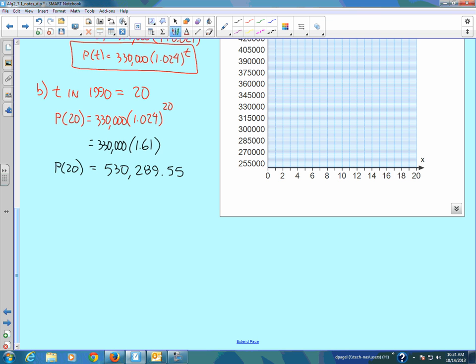Well, we're not going to talk about fractions of people, so we're just going to round it. We're even probably being generous in saying that it's equal to 289. But let's say there are 530,290 people, or maybe we would even round it to the nearest 100. So there's my population in Kern County in 20 years.